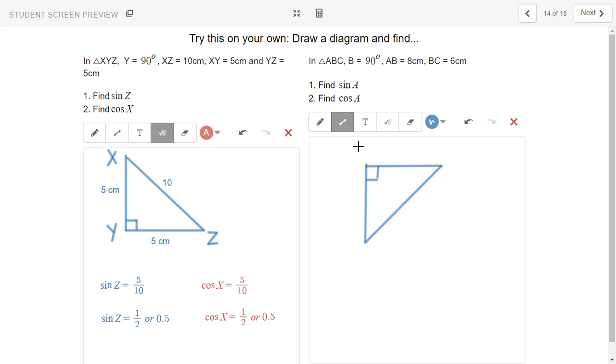The 90-degree angle is labeled angle B. I'll put A here and C here. AB is equal to 8 centimeters, and BC is 6 centimeters.